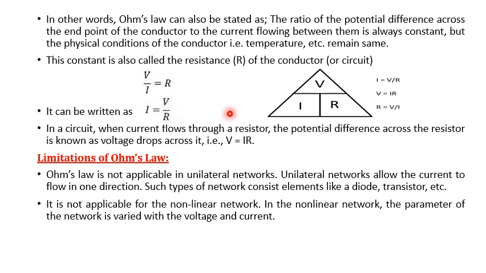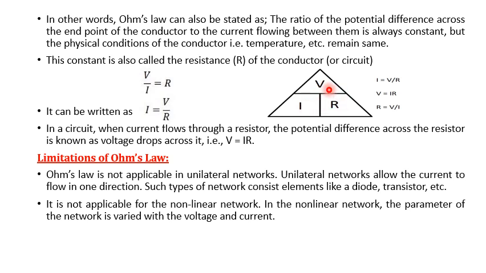Ohm's law can also be defined by this triangle. The triangle can be divided into three parts, and you name the variables in each part: voltage here, current here, and resistance here.